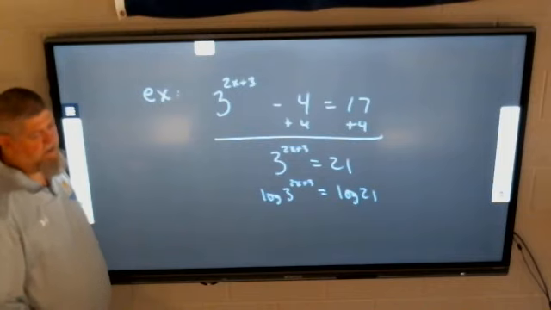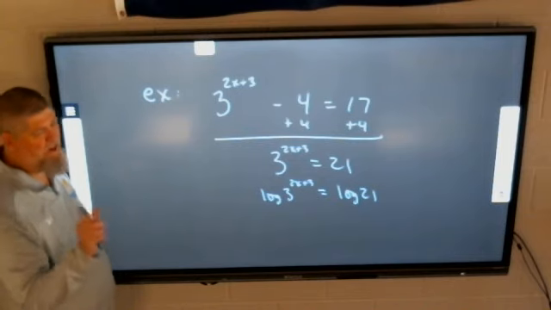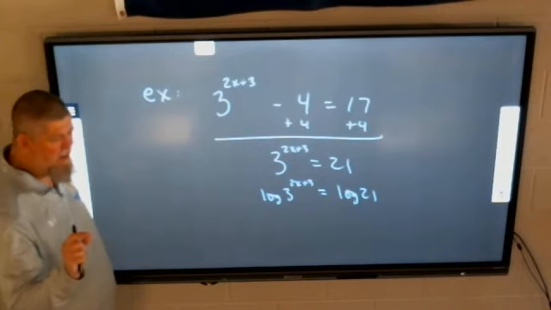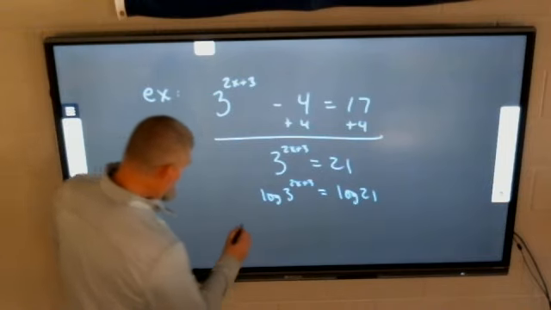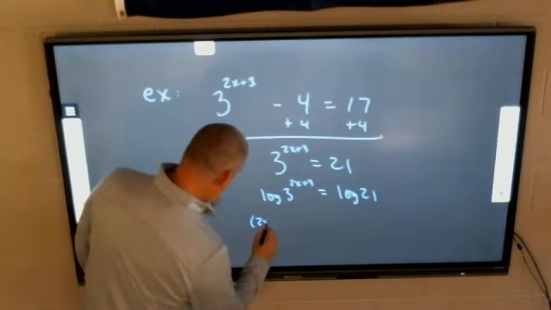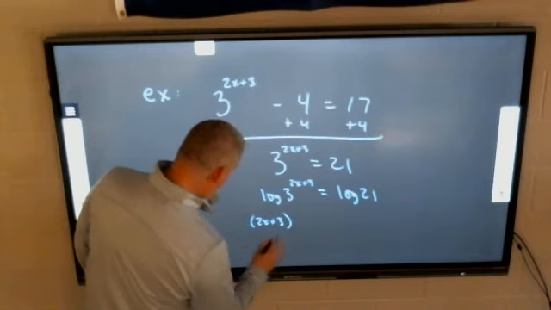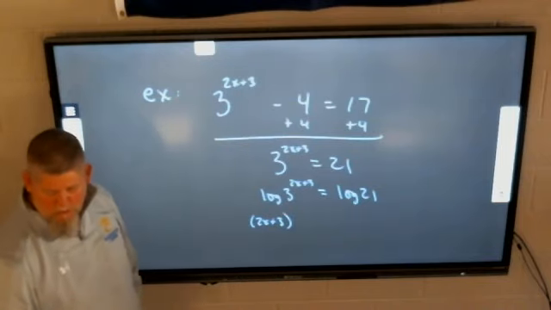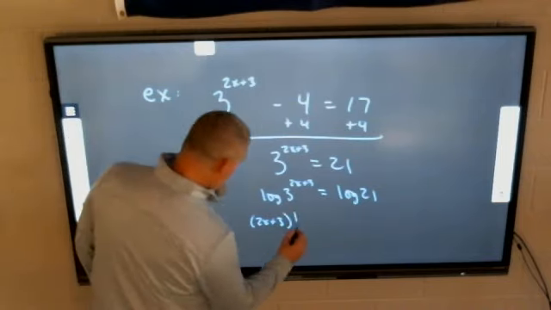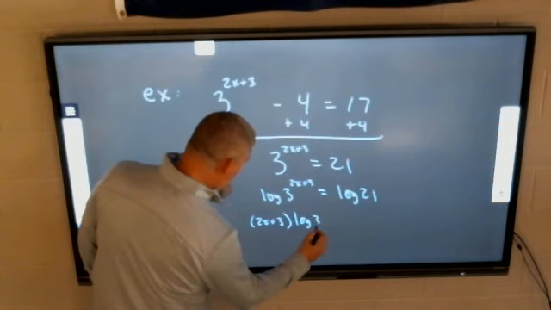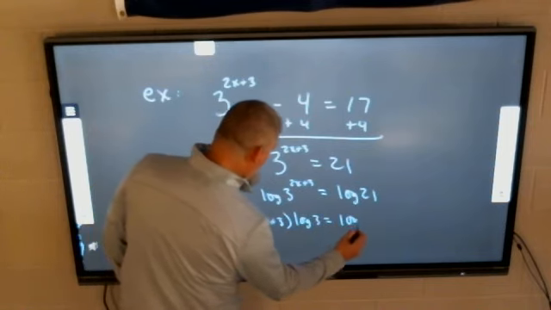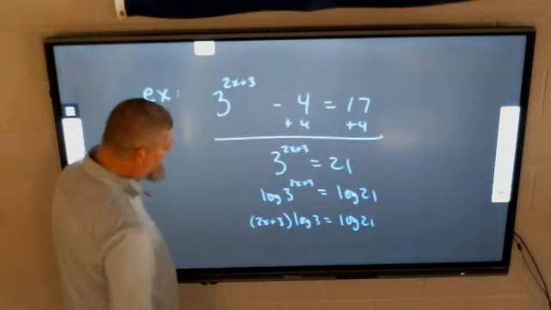That's putting the 2x plus 3 up there. That's exactly right. 2x plus 3 out front. I would suggest you put it in parentheses so we make sure we keep it straight, times the log of 3 equals the log of 21.